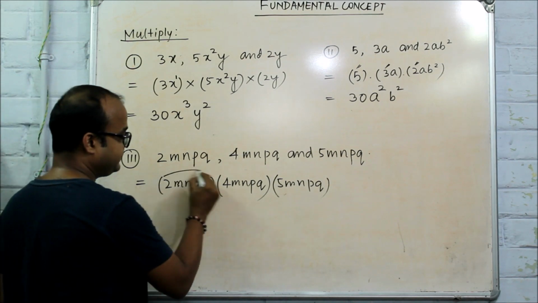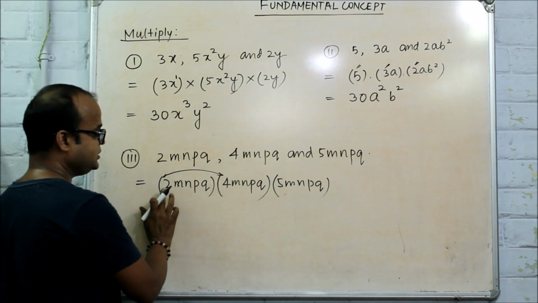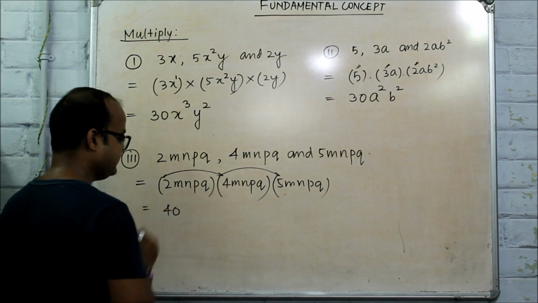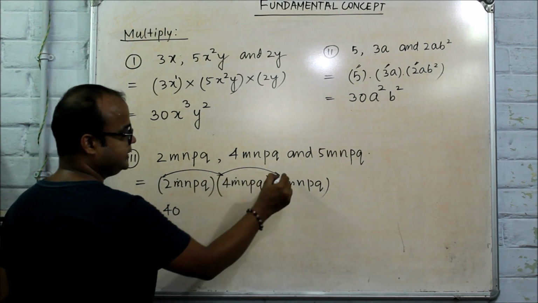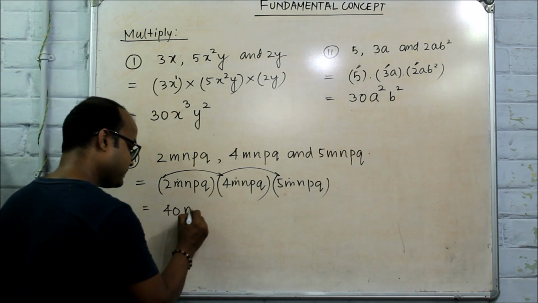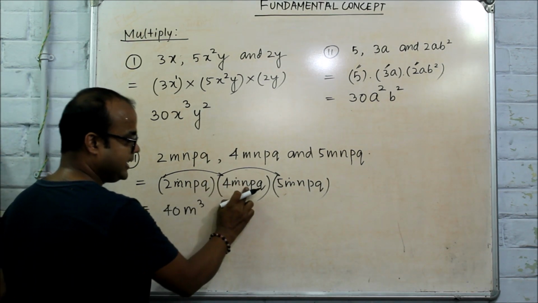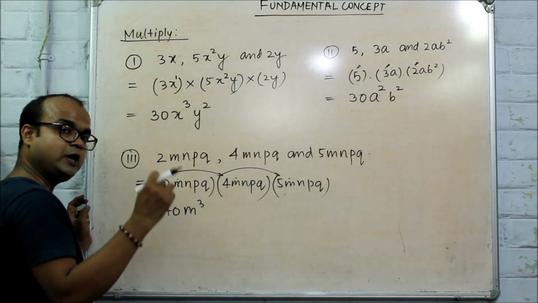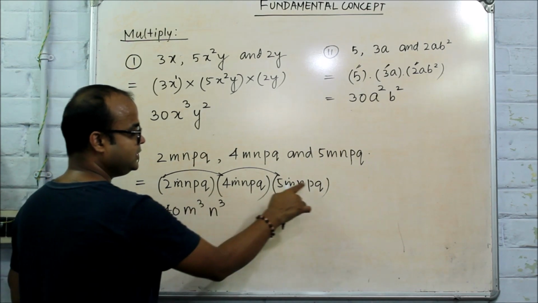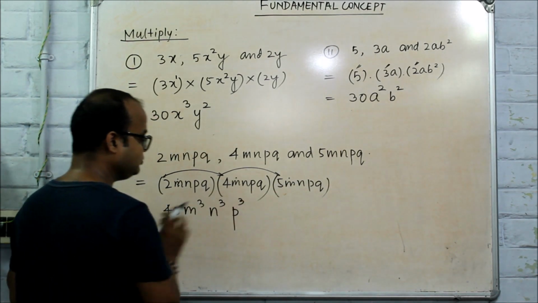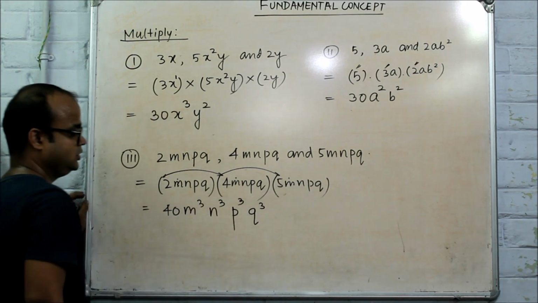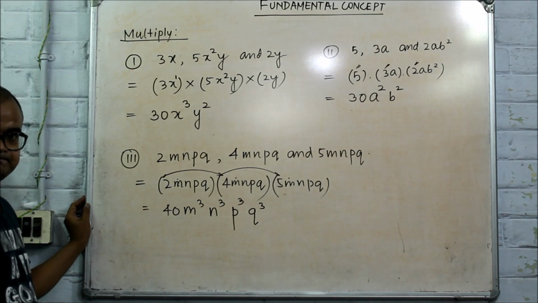So first multiply the numerical coefficients. 2 into 4 is 8, 8 into 5 is 40. So it will be equal to 40. m into m into m, 3 times, so it will be m cube. n, 3 times, n into n into n, so it will be n cube. p into p into p, so it will be p cube. q into q into q, so it will be q cube.